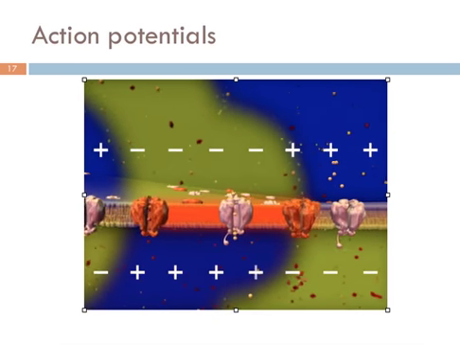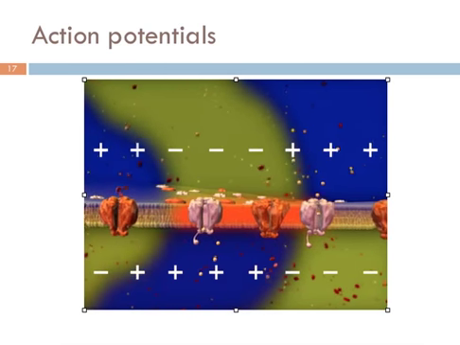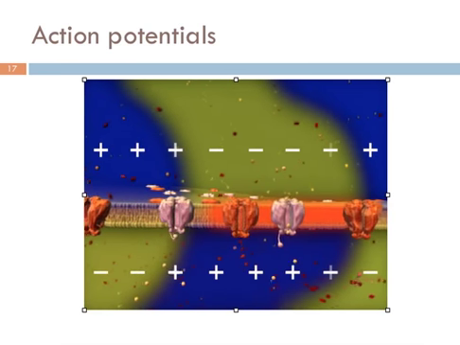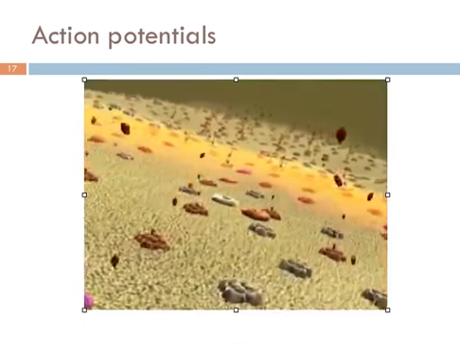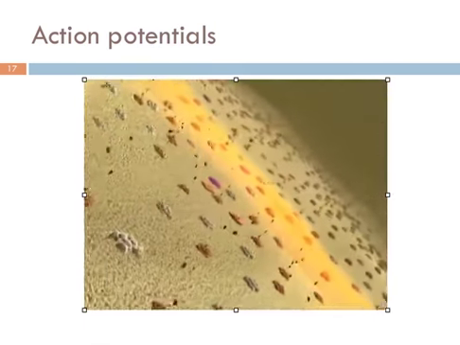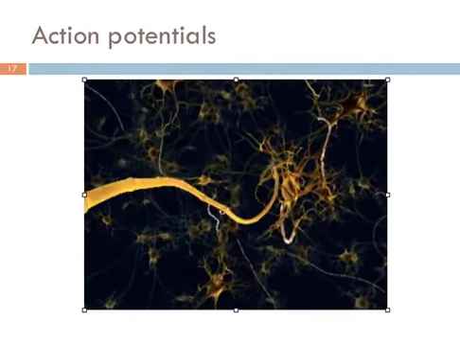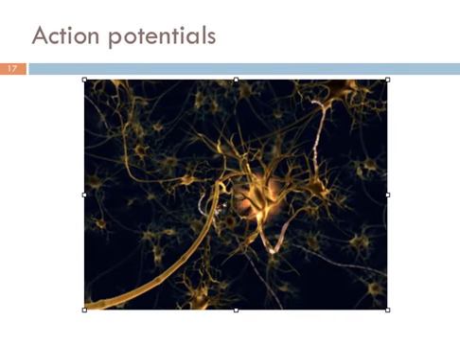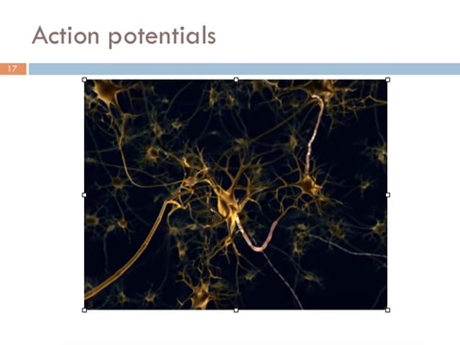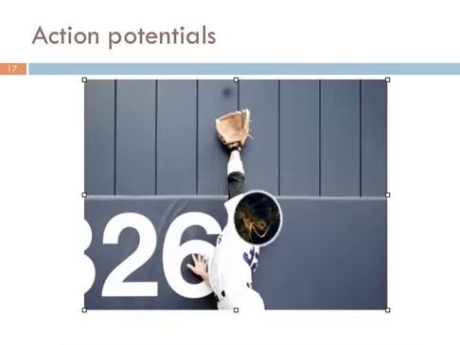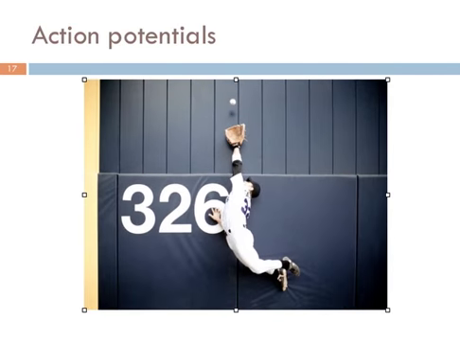Meanwhile, new sodium channels open, followed by the opening of new potassium channels and the closing of sodium channels. In this manner, the action potential is propagated along the axon of the neuron, eventually reaching another cell. The information carried by this action potential will be processed with other information, permitting this baseball player to make a spectacular catch.